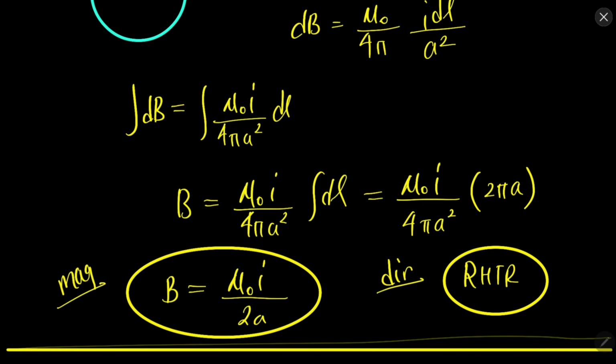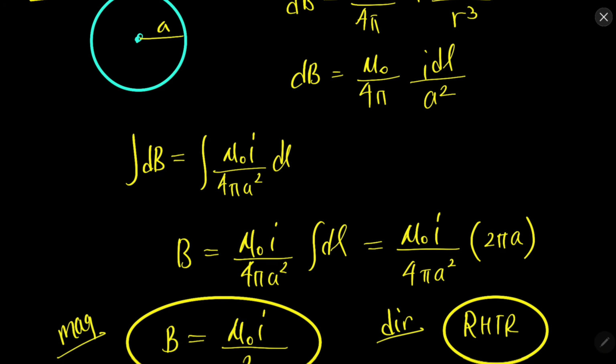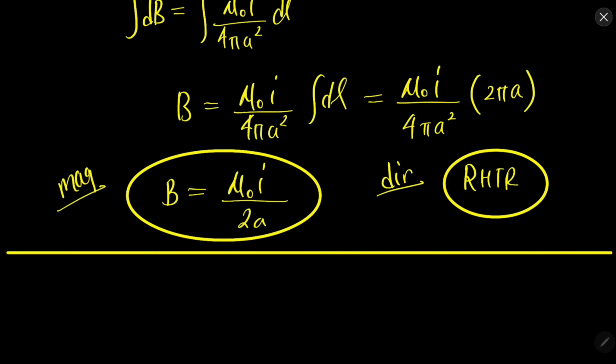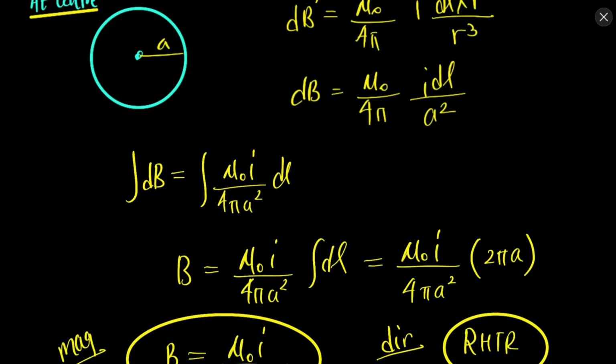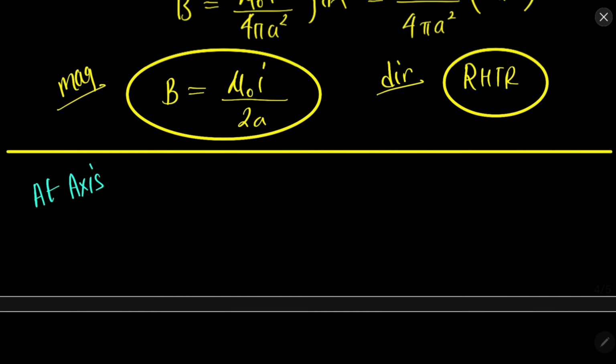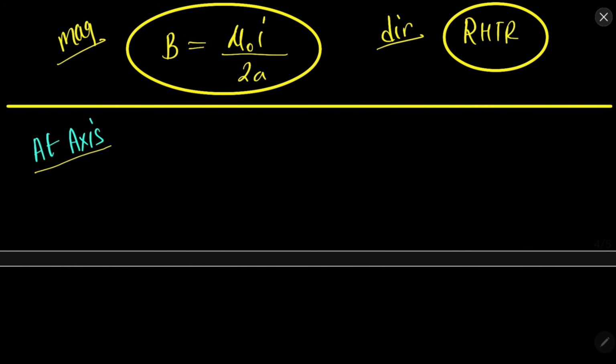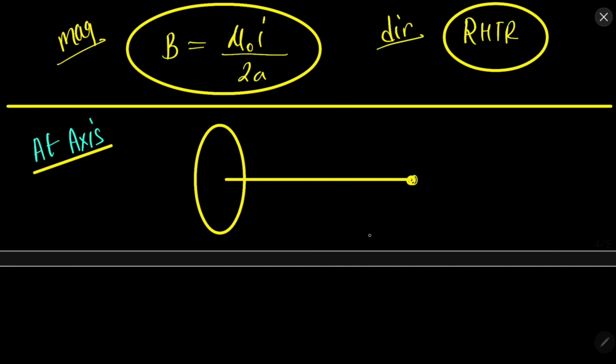So if we have a circular coil, then the magnetic field at the center is given by this formula. Now we can also find the magnetic field at the axial position, at the axis of the coil. Let's say we have a circular coil like this, and we need to find the magnetic field at one of the points situated on the axis.